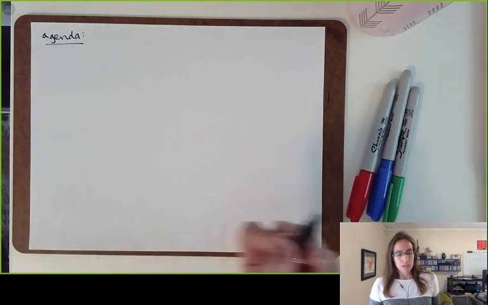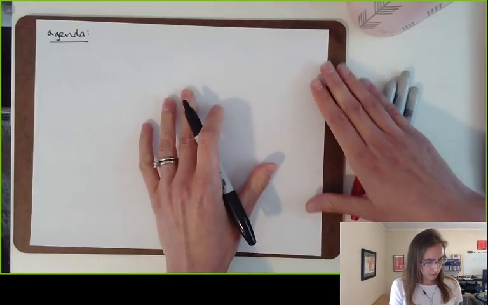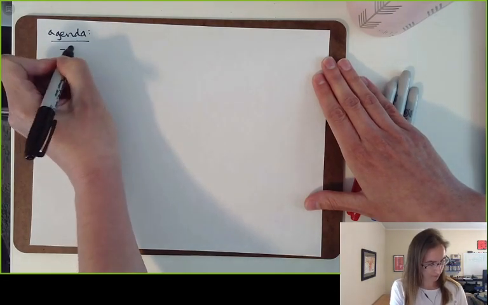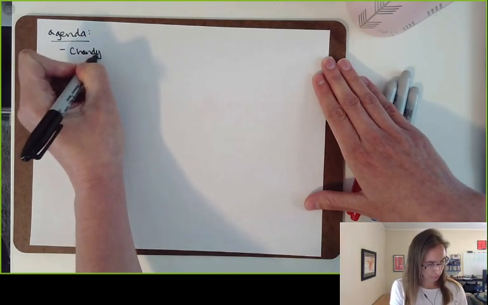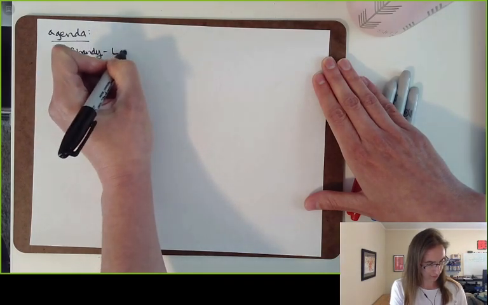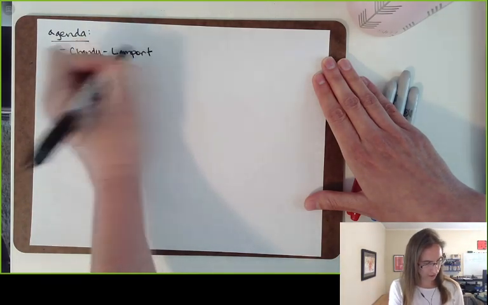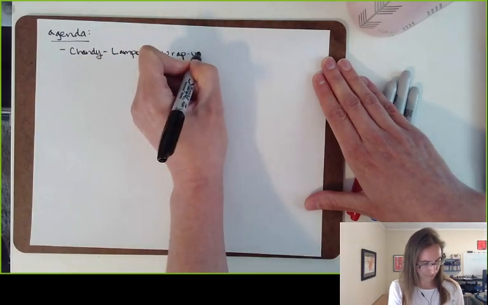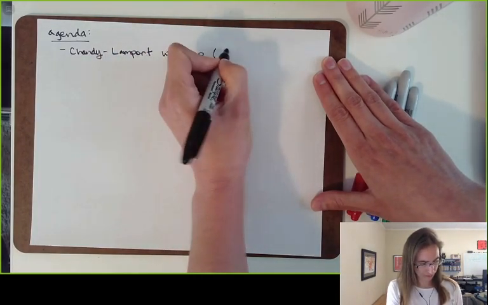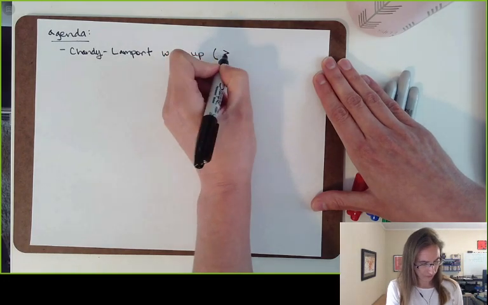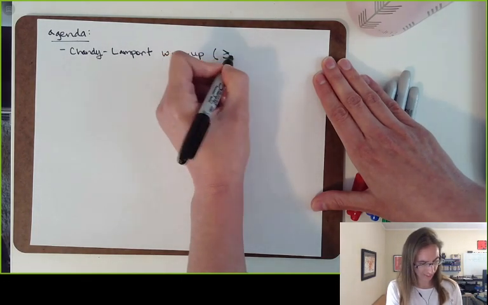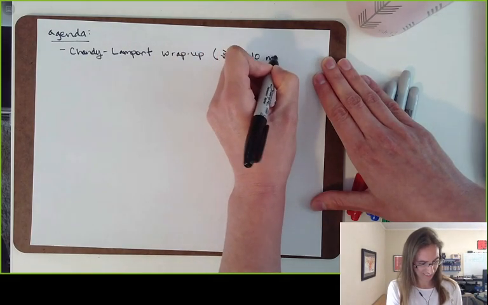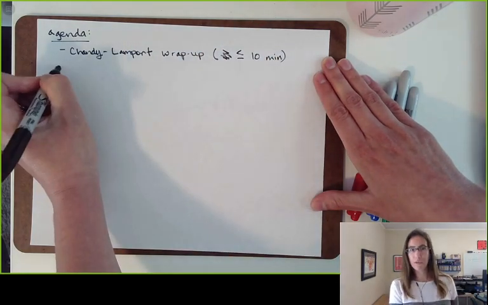So I think we're going to do a little bit more discussion of Chandy-Lamport, no more than 10 minutes, to answer some leftover questions that people have about the Chandy-Lamport snapshot algorithm. So this will be less than or equal to 10 minutes. And then we're going to move on.